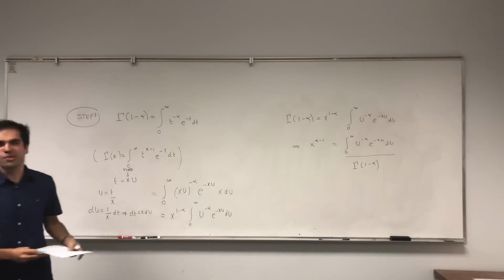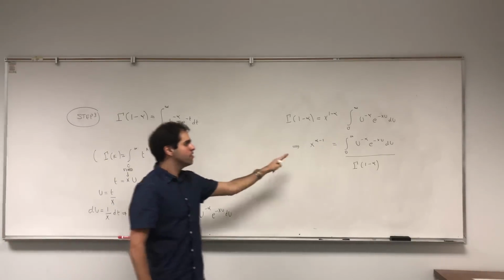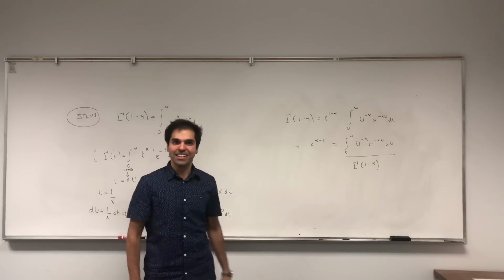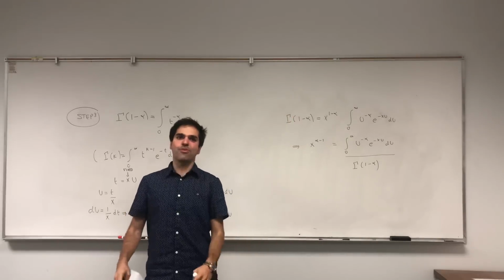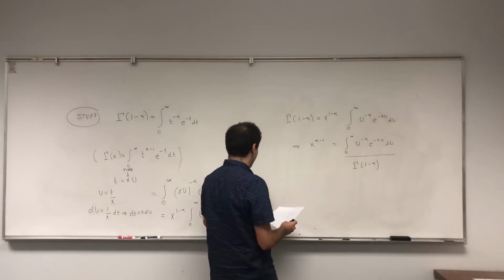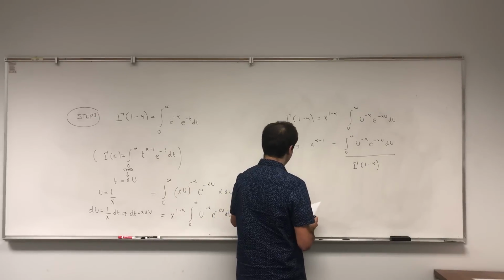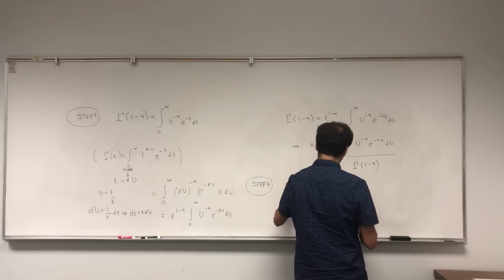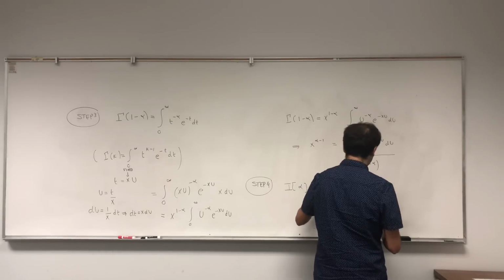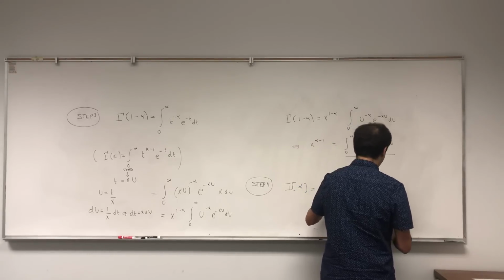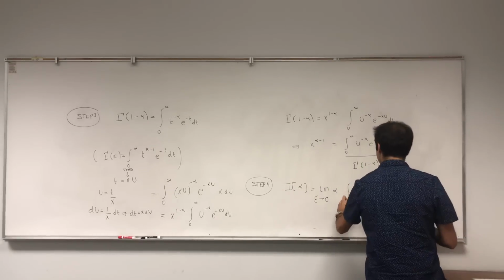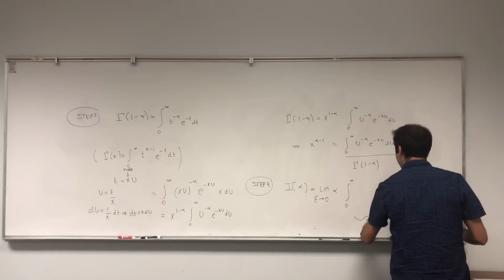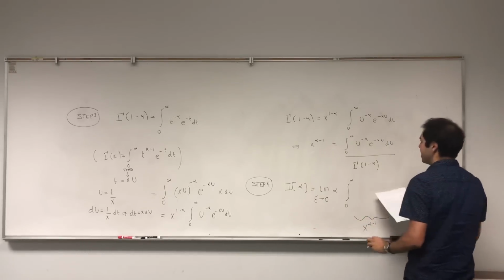In other words, this is so interesting. Let's take this simple term, x to the alpha minus 1, and make it even more complicated, and plug it into the even more complicated expression of our integral, which leads us to step 4. So what is I of alpha? Well, there is a limit as epsilon goes to 0 of alpha times the integral from 0 to infinity of, remember this term was x to the alpha minus 1.